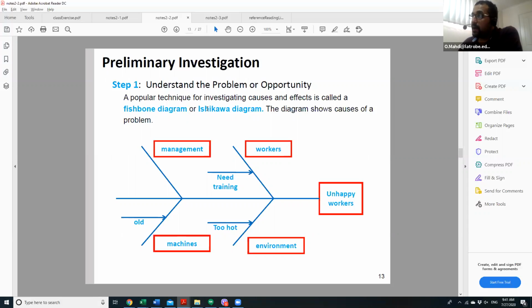You can use it to fully understand the problem, its causes and its effect.